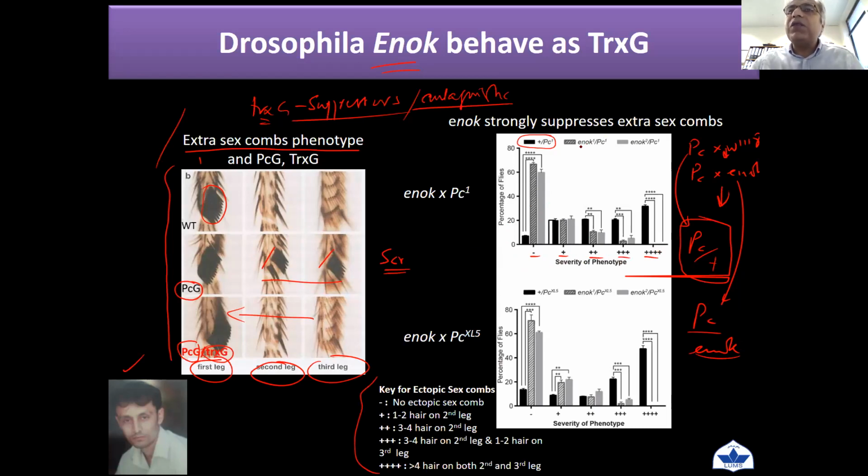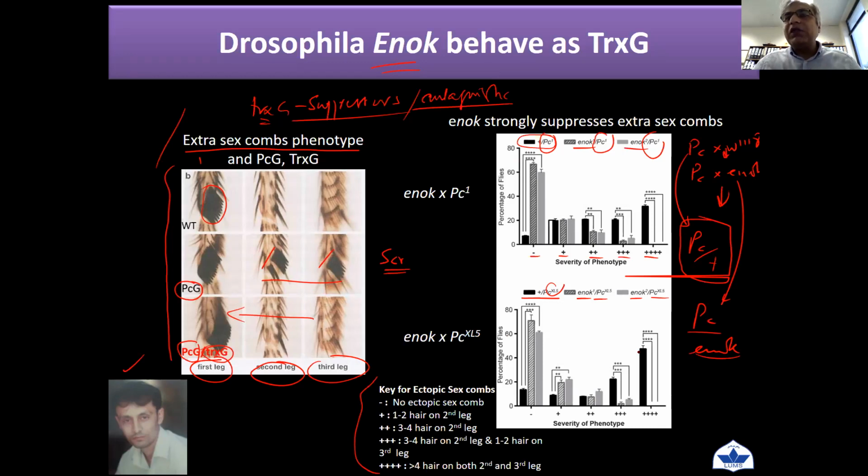We used two different alleles, Enoch 1 and Enoch 2, and Polycomb 1. In another cross we used a second allele of Polycomb, PCXL5. This is the experiment with PC1; this is Enoch 1, Enoch 2, PCXL5, PC. So two alleles of Enoch and two alleles of Polycomb.